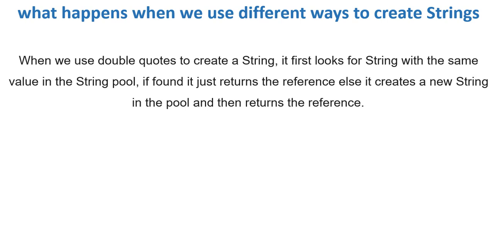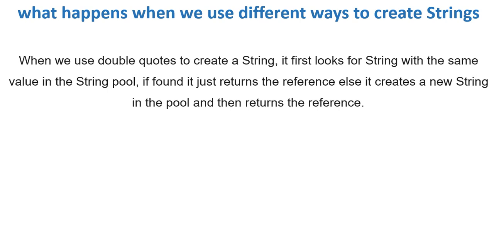When you use double quotes to create a string, it first looks for a string with the same value in the string pool. In that collection of strings, when you create a new string, it looks into the pool. Do we have such a string in this pool, in our collection of strings?